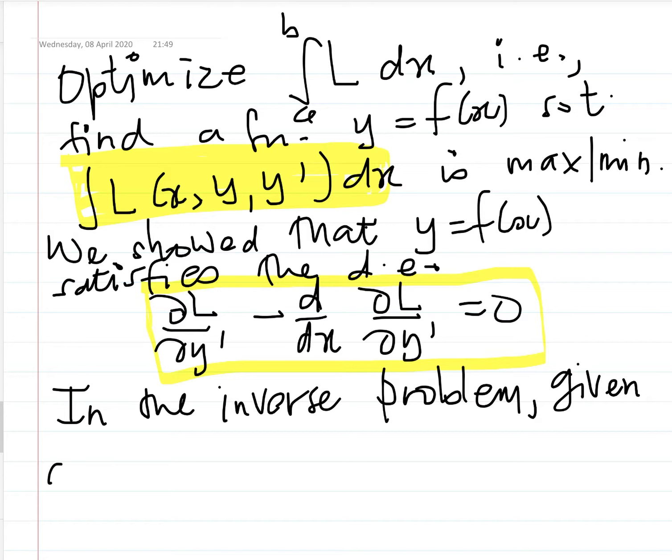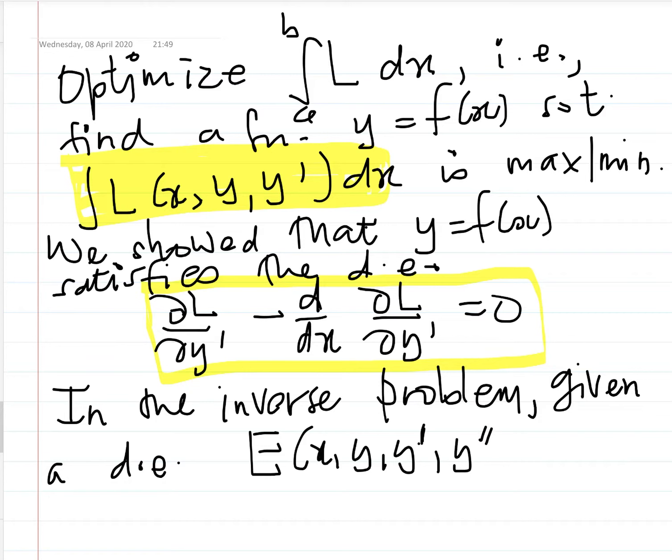So given a differential equation, let's suppose the differential equation is of second order. So you'll have something like y double dash plus y equal to 0. Suppose we know the differential equation, suppose we know the solution of the differential equation. Does the solution of such a differential equation optimize an integral?